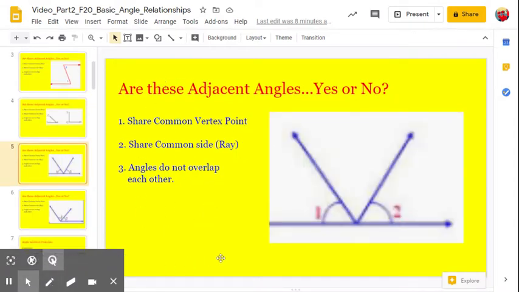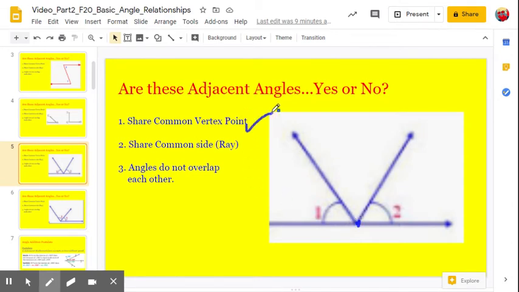How about angle 1 and angle 2 in this example? Are those adjacent angles? Yes, or if no, what requirement do they miss? Well, let's see. Do they have a common vertex? Yes, has a common vertex. Check. Does it have a common side? No. Angle 2, it's a ray going this way. Angle 1 is a ray going this way.